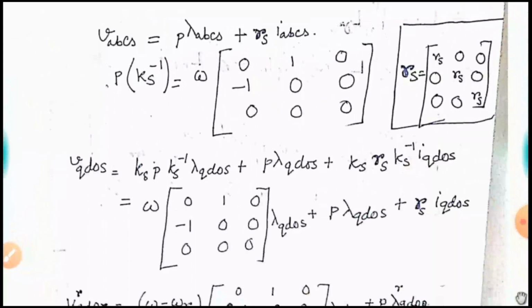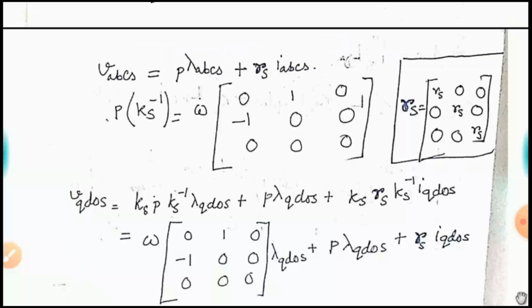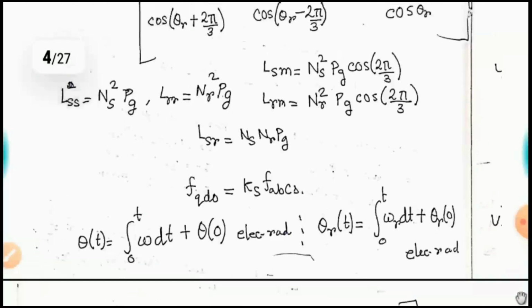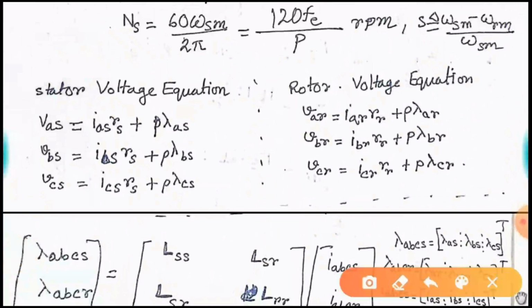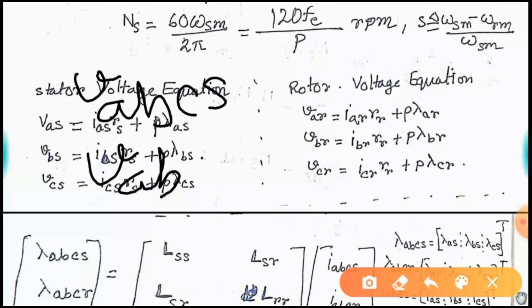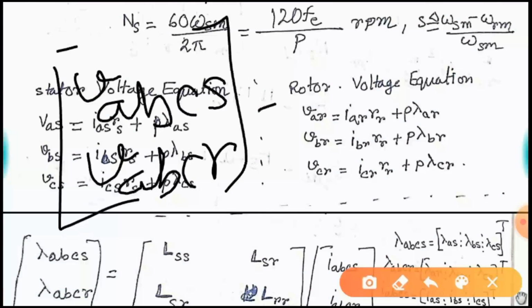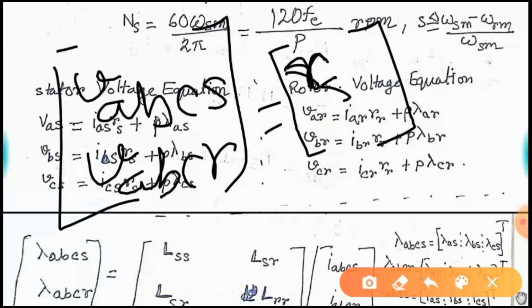Now see here one more thing. If we have to find it out, then we'll see the voltage equation can be written as: the voltage vector is equal to a diagonal matrix with all diagonal entries equal to RS, and this is a diagonal matrix with RR.